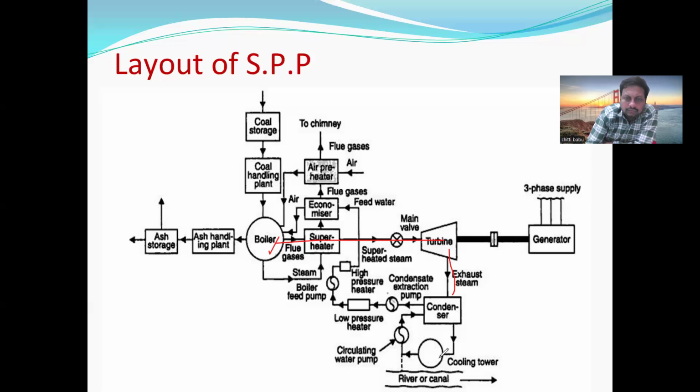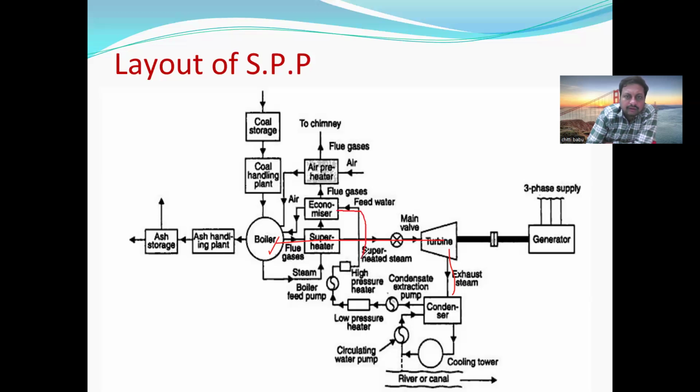Then that water is fed again to this boiler. You may observe in this diagram: here we have the condenser extraction pumps and the low pressure heater, then the high pressure heater, then the water will be fed to this economizer.